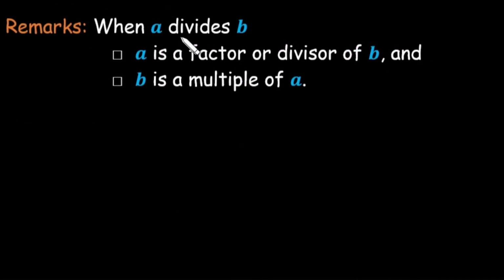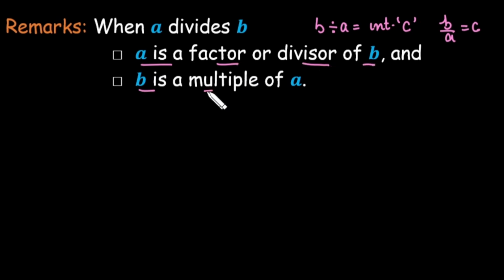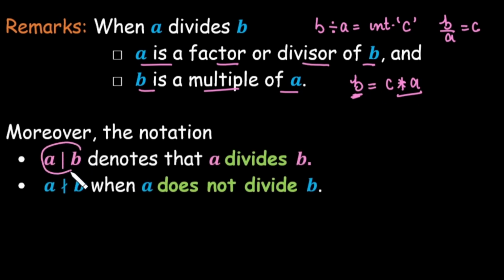In this case, when we say A divides B, it means B by A is equal to some integer, suppose C. It means we write B by A is equal to C, or B is equal to A times C. So it means A is the factor or divisor of B, whereas we call B a multiple of A, because we write B is some integer times A. So we can say that B is the multiple of A. And when we say A divides B, we use this notation.